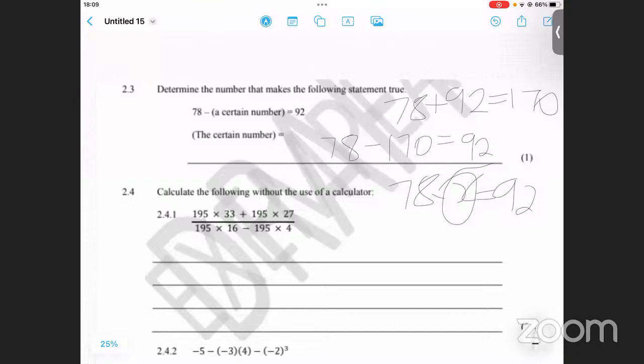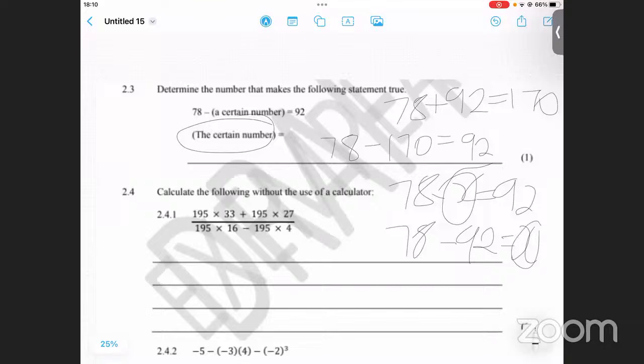So you can move the 92 to the other side. You say 78 minus 92 is equal to positive x, because it is going to jump the equal sign, so the minus is going to vanish. So 78 minus 92 is going to be the value of this certain number.